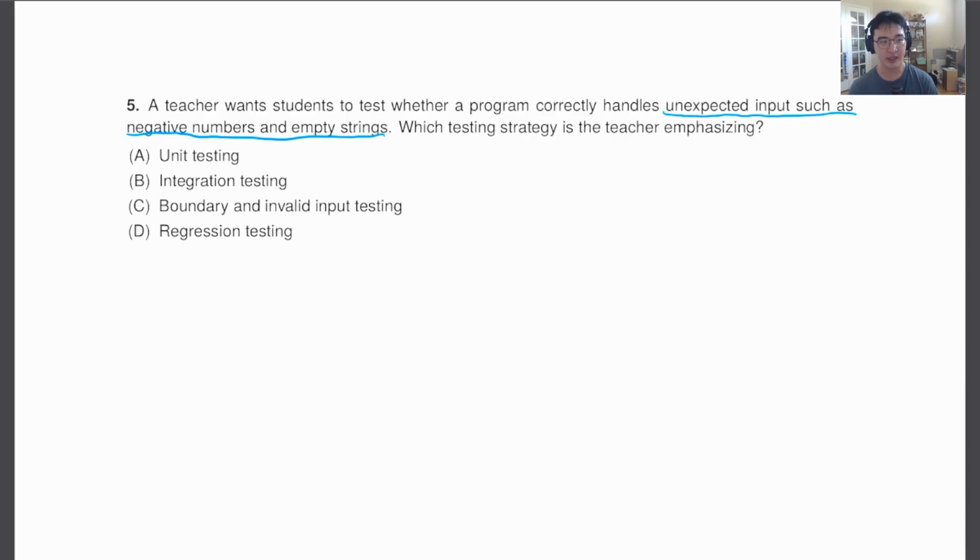Looking at these answer choices, just looking at the words, which ones seem to follow along with unexpected input? Well, answer choice C has that word input, right? And that's probably where I'd go too. I'd probably be looking at answer choice C and thinking, unexpected input, invalid input.